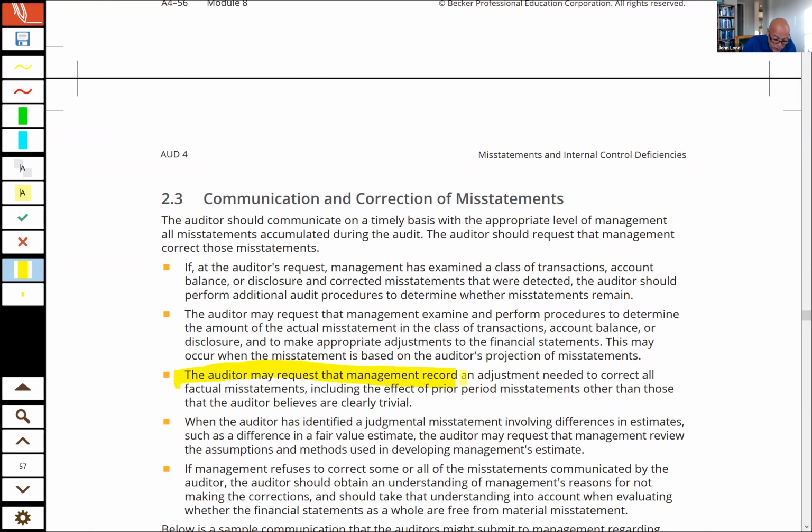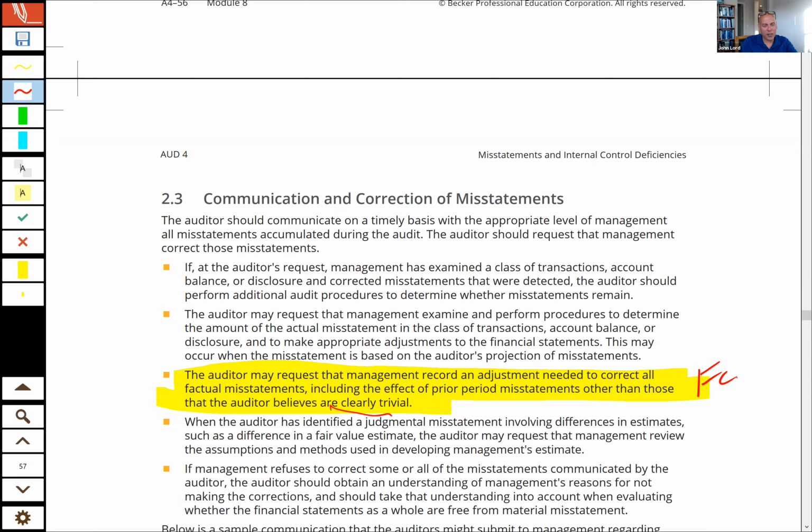The auditor may request management to record an adjustment, to correct all factual misstatements, other than those clearly trivial. So in that case you would ask, even though we were below our tolerable misstatement, and we used audit sampling techniques, we had an allowance for the risk of incorrect acceptance, we were statistically valid in what we did.